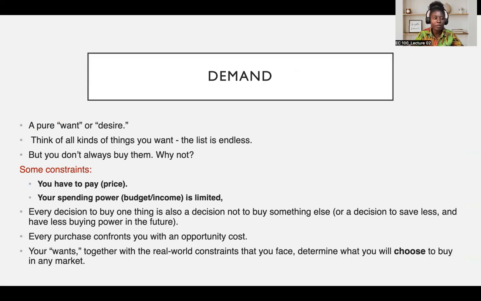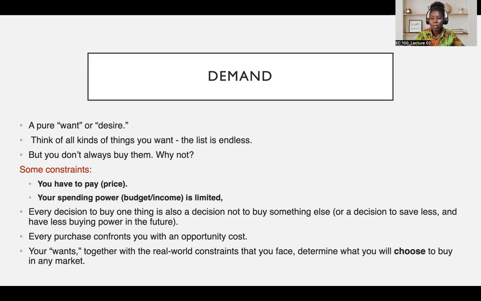If you Google the word, the Google dictionary definition, you will find that when someone says demand, it's just a simple state of wanting something. When I say I demand something, I want something, or you desire something. That is a basic definition, a pure want, a pure desire, a pure wish. You want to have something, you want to get something. So that is what you would think about.